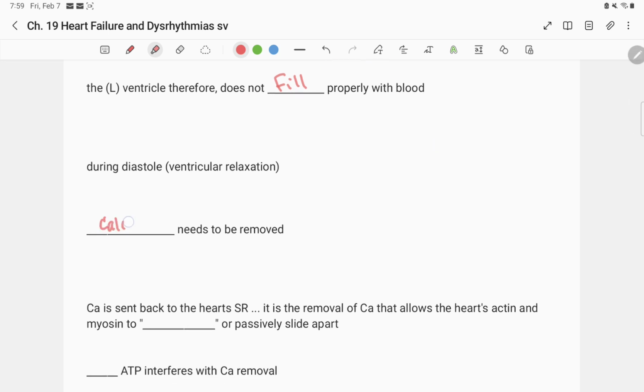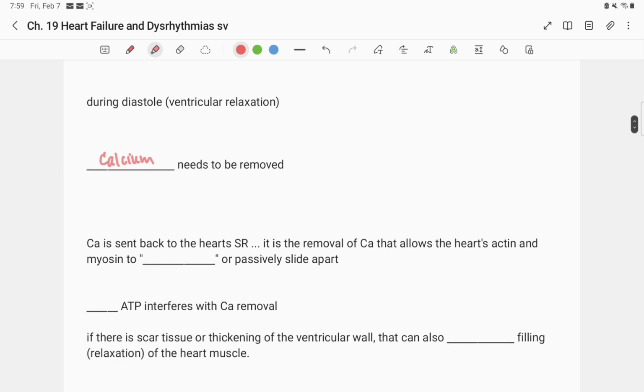Calcium needs to be removed. Now, one of the ingredients for muscle contraction is calcium. So calcium is released from the sarcoplasmic reticulum. Okay, so that should go way back to A&P 1. The sarcoplasmic reticulum, we find that in skeletal muscle.